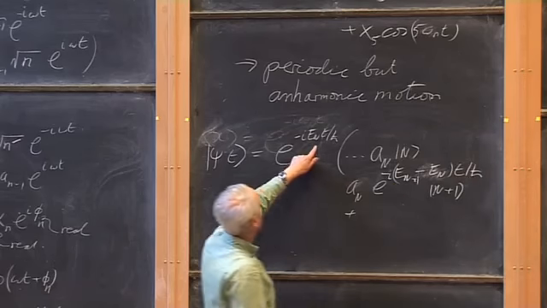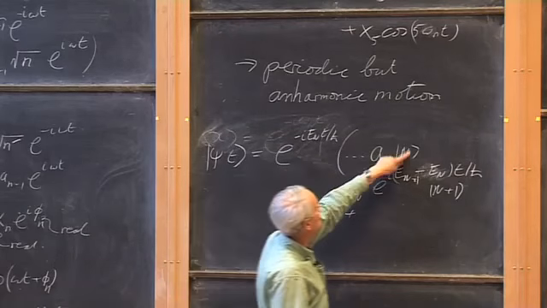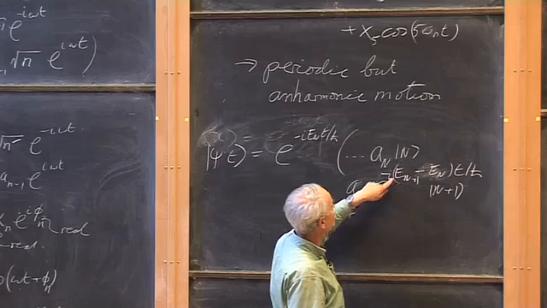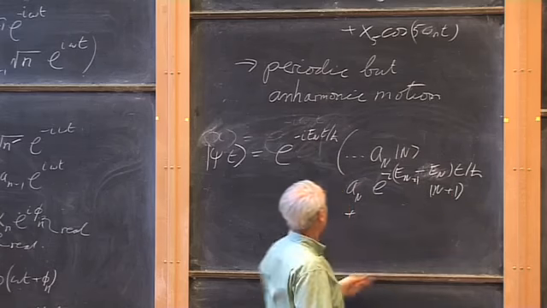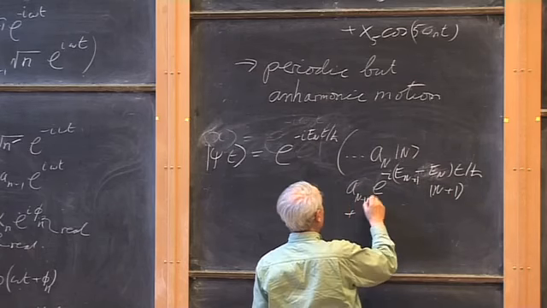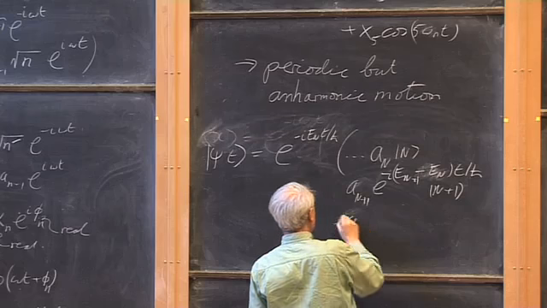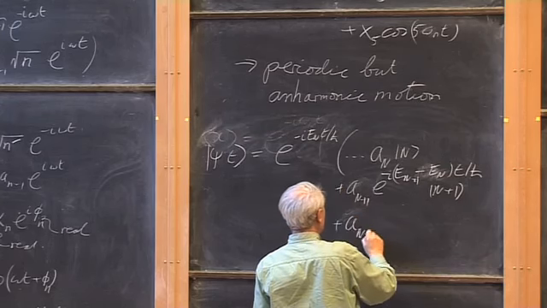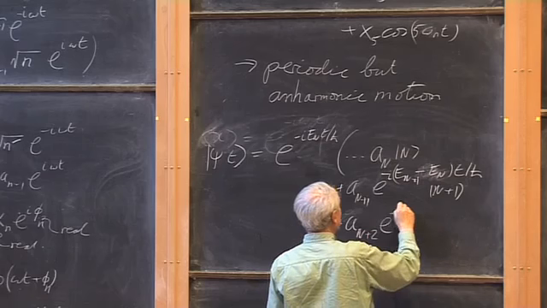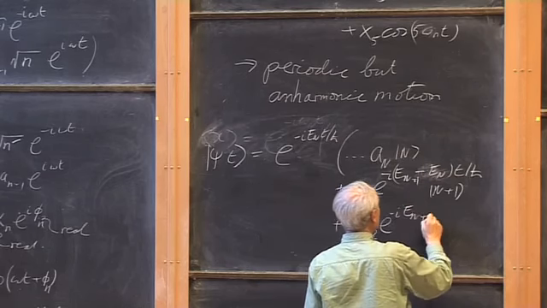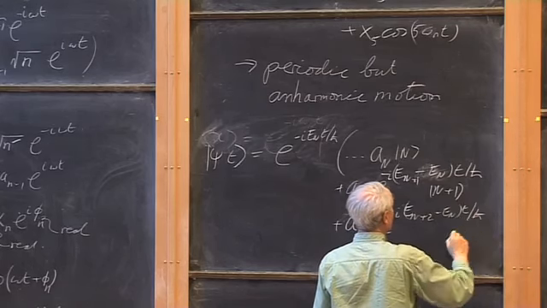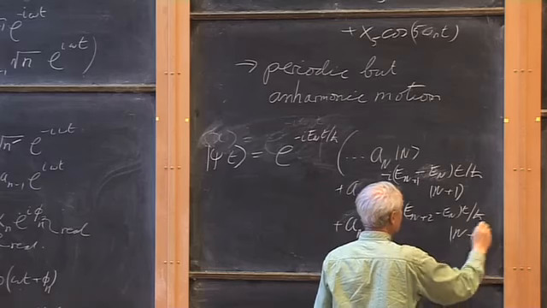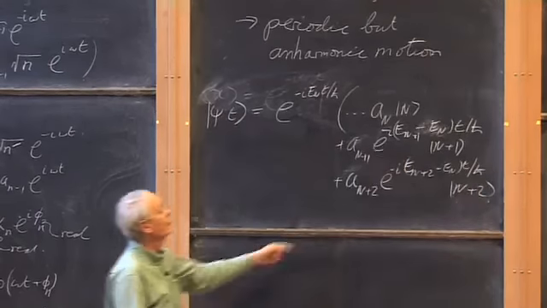So I've taken a common factor out. This one doesn't have any exponential. This one should have its proper exponential minus the thing that I've taken out. The next one should have a_(n+1), and this should be plus a_(n+2) e to the minus i (E_(n+2) minus E_n) t over h bar, and so on and so forth.